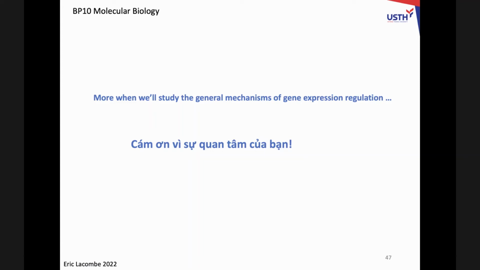For now, we won't talk a lot about this, but we are going to study in depth the mechanism of transcriptional regulation. And you will see, we'll come back sometimes to histone modification. But for now, we can consider that we have almost covered all the chromatin structure.